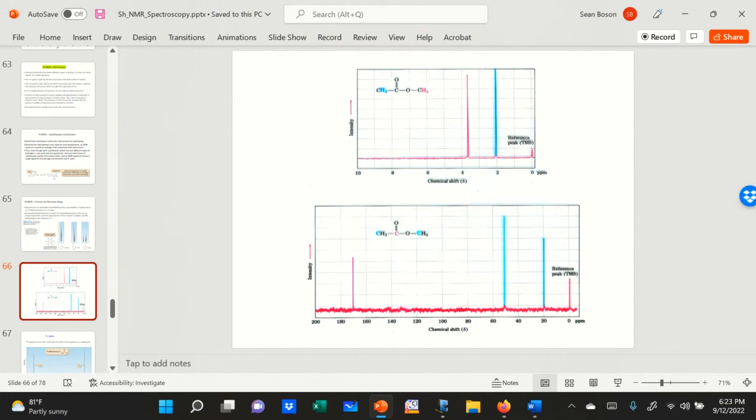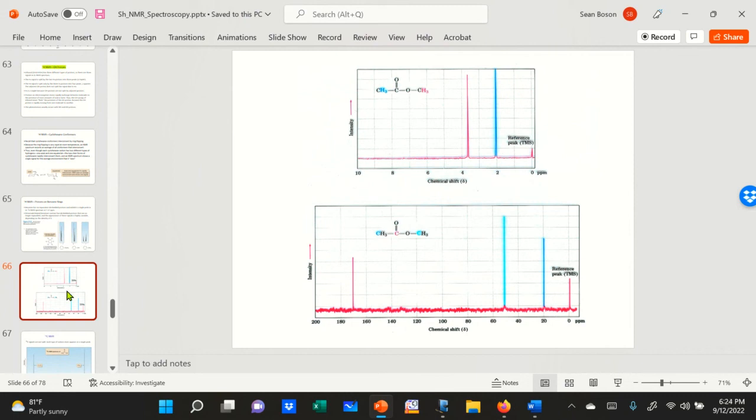Carbon being carbon 13, not carbon 12, carbon 13 being only 1% of naturally occurring carbon, it requires higher field. That's why the scale is between 0 and 200. However, the shielding, deshielding concept, upfield, downfield concept all remain the same, just a larger scale, and it is the carbons that we are looking into, not the hydrogens.